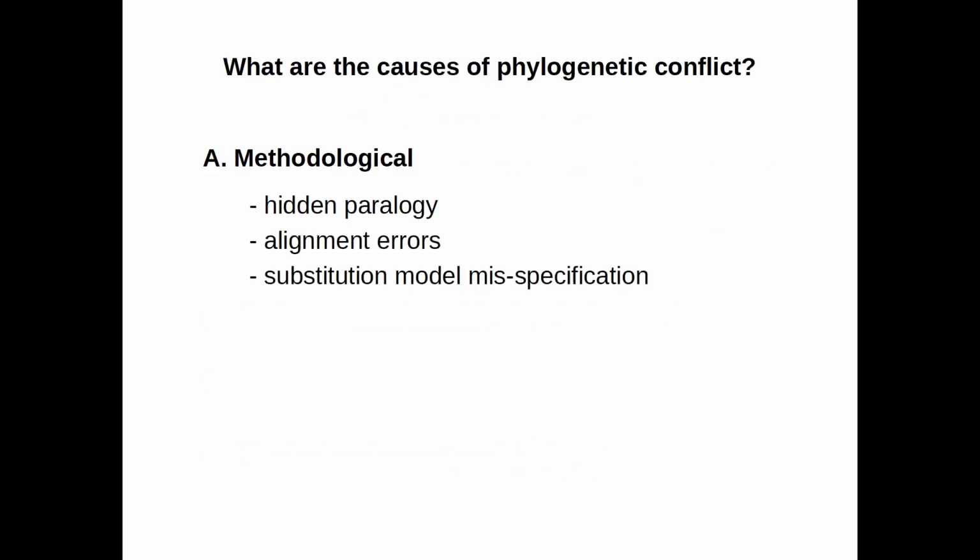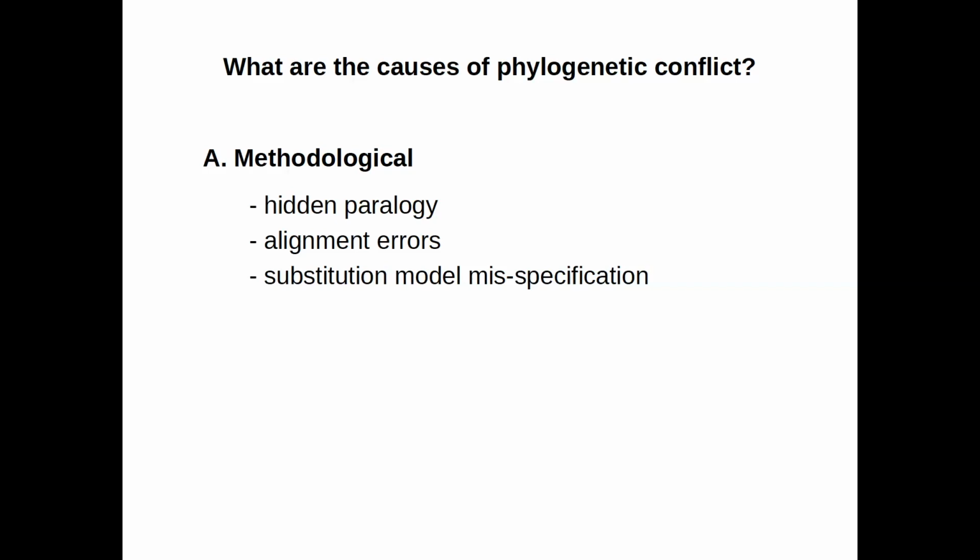I should first recall that one major cause of phylogenetic conflict is reconstruction error. It might be that a gene tree differs from the species tree simply because we failed to correctly recover the true topology.